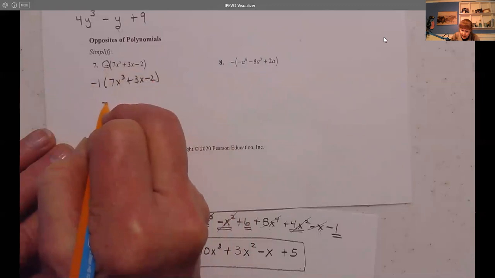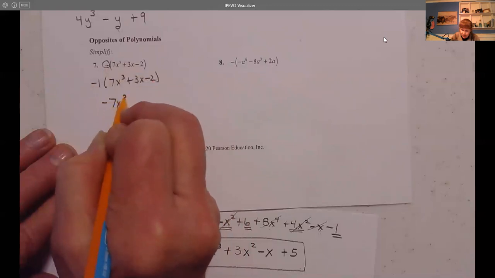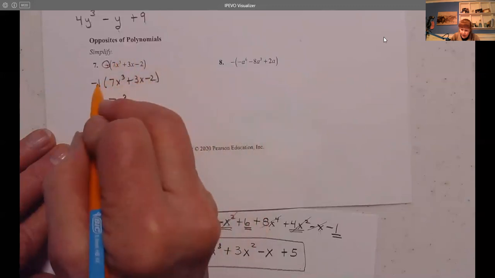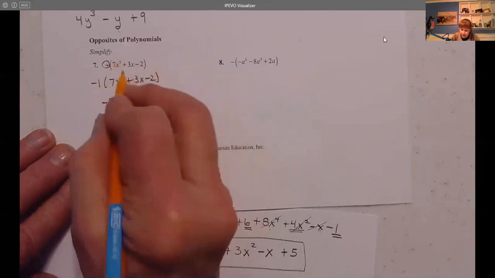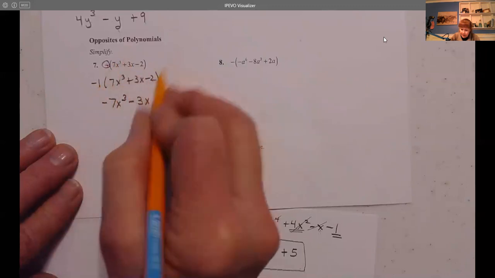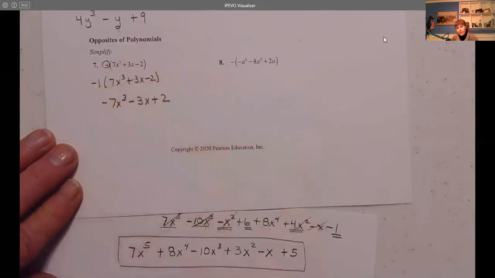So we'll have a -7x cubed. All right, so this is going to change all their signs. A negative times +3 is going to be a -3x. And this times this is going to be a +2.